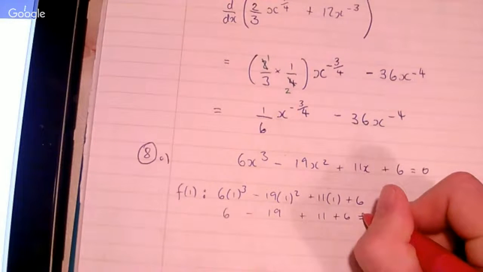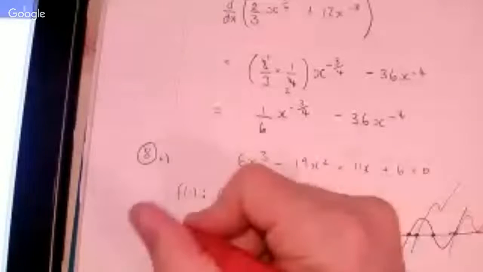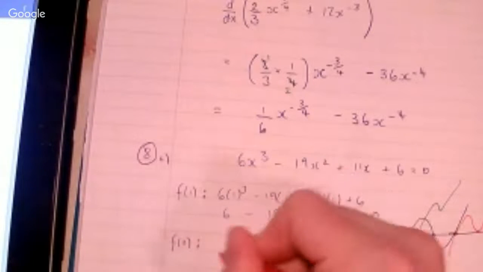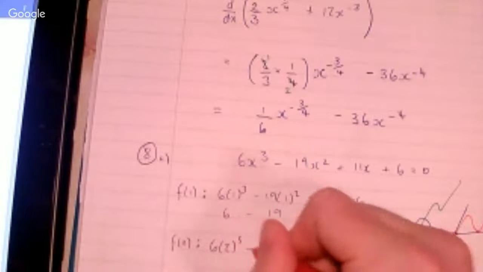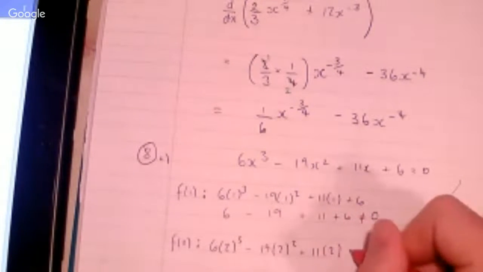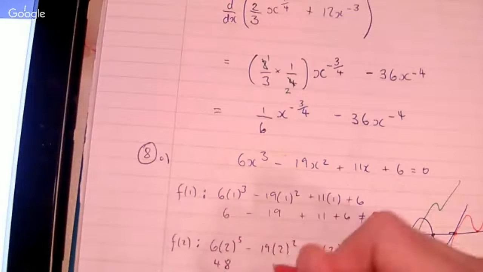That's clearly not equal to 0. You don't actually have to say what it equals, as long as you reference that it's not equal to 0. So the next one, I could try minus 1 here, but I'm going to try 2, f of 2. And then I do 6 times 2 cubed minus 19 times 2 squared plus 11 times 2 plus 6. 2 cubed is 8, 8 times 6 is 48.